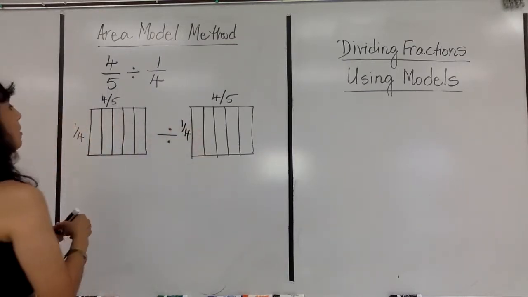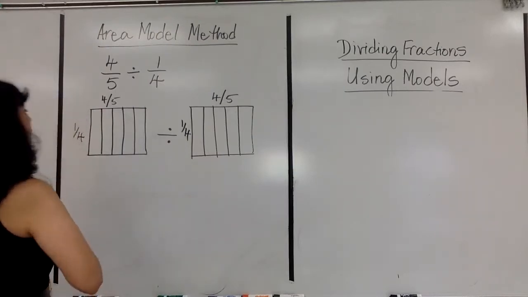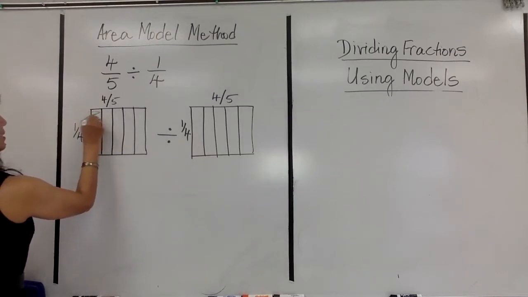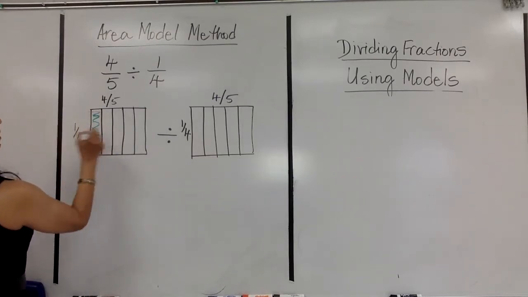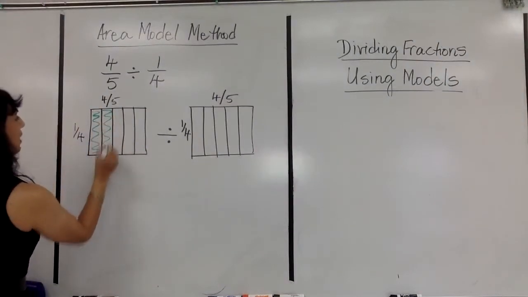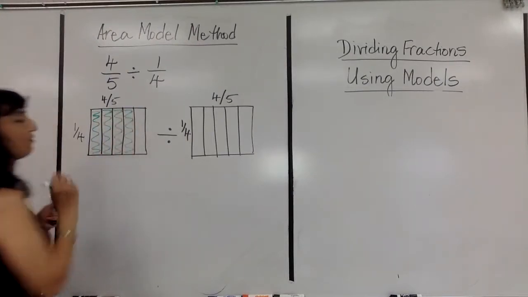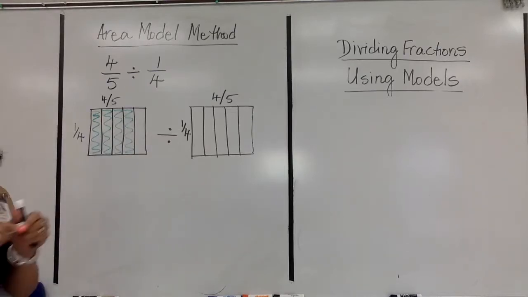All right. So let's first color in 4/5. Okay. So 4 out of 5 means this is 1 out of 5, this is 2/5, 3/5, and this is 4/5. Okay?